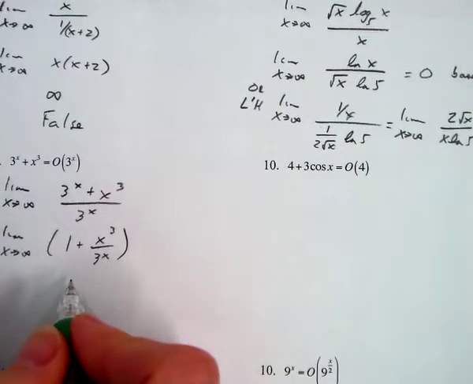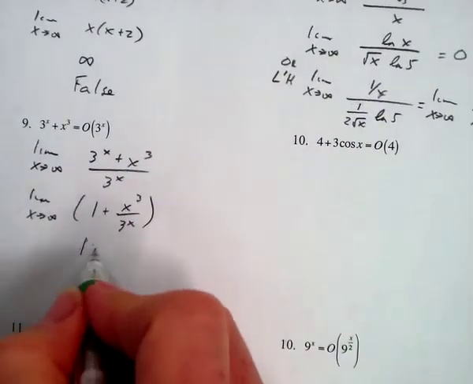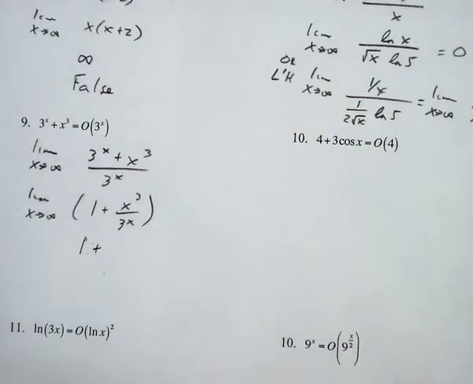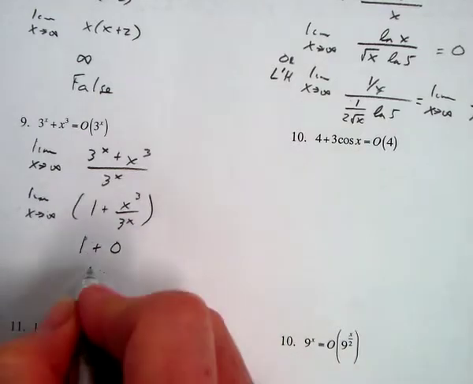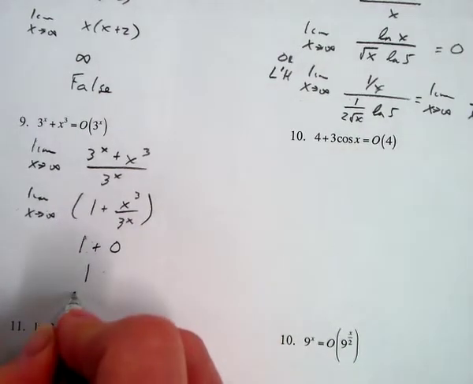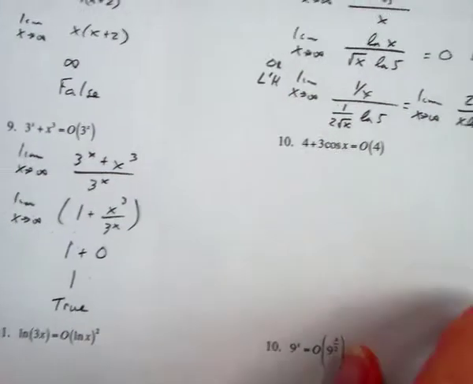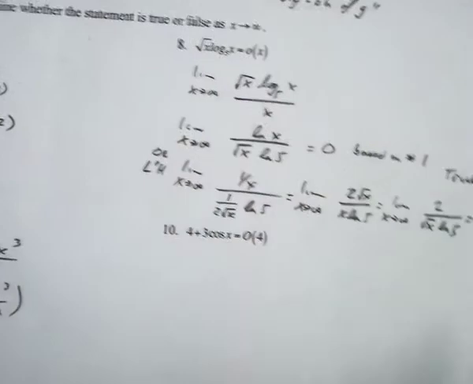As x goes to infinity, we have 1 here. Now we could treat it separately and say this is infinity over infinity and use L'Hopital's, but this is a polynomial over the exponential. That's going to 0. So this goes to 1. So this is true. Oh, I never answered number 8 completely. This is true because that gave 0.